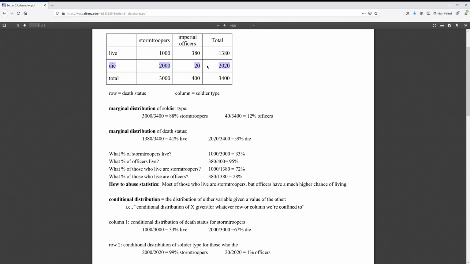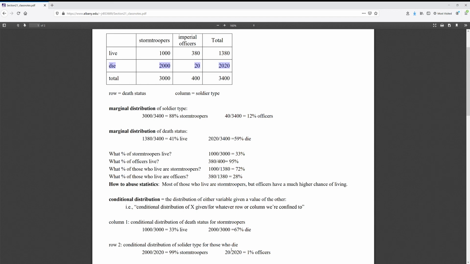And if you divide by the total, in this case 2,020, you can get the percentages. 2,000 divided by 2,020 is approximately 0.99, 0.99009900 repeating. So call it 99%. 20 divided by 2,020, approximately 1%.